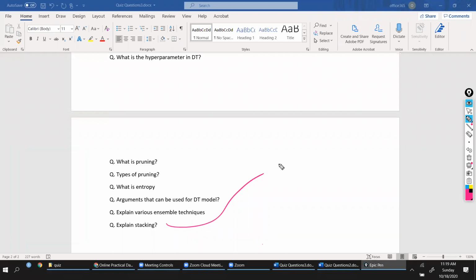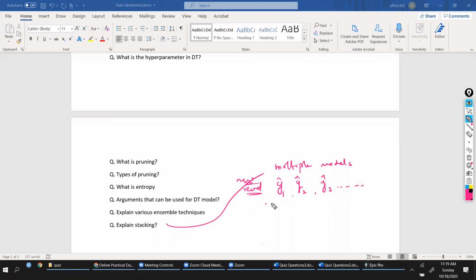What we do is we combine multiple models, right? And we predict output. Same output, right? Same record, new record. We are trying to predict the output using different techniques.